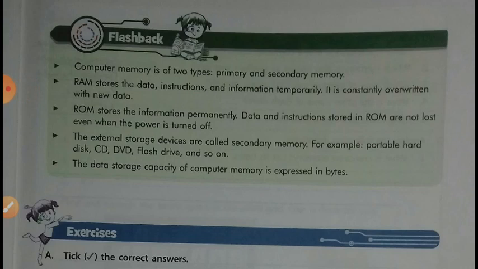Okay students, the external storage devices are called secondary memory, for example portable hard disk, CD, DVD, flash drive and so on. And the next flashback is the data storage capacity of computer memory is expressed in bytes. Okay students, this was the flashback.